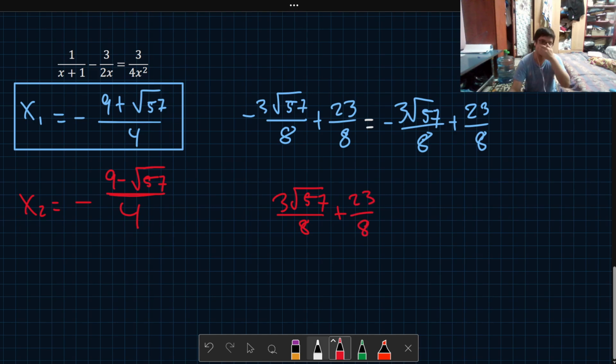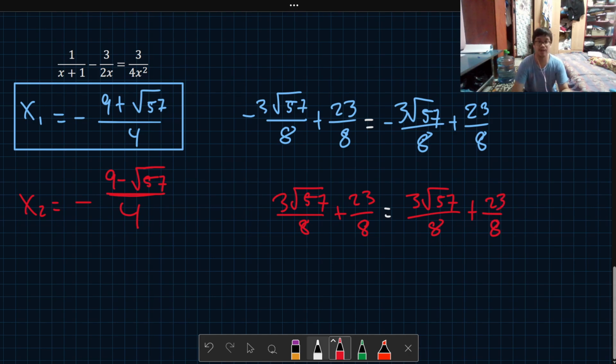All right. Now on the right side, let's see if they're both the same. It is actually also the same as on the left side. The value is approximately 5.706, or the exact value is also the same as on the left side. So it's 3 square root of 57 all over 8 plus 23 all over 8.